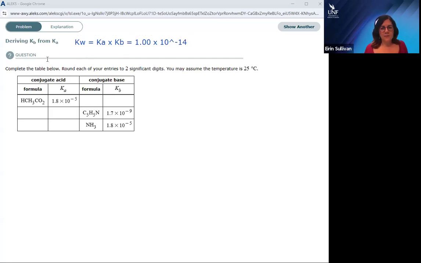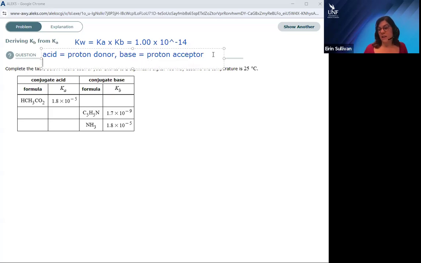Okay, so just remember the Bronsted-Lowry definition of acids and bases. An acid is a proton donor, and a base is a proton acceptor. So to work out the formula of a conjugate, if you have an acid and you want the formula of its conjugate base, the conjugate base is whatever is left behind.